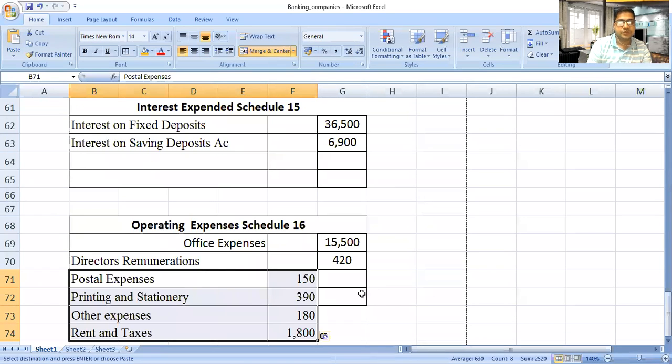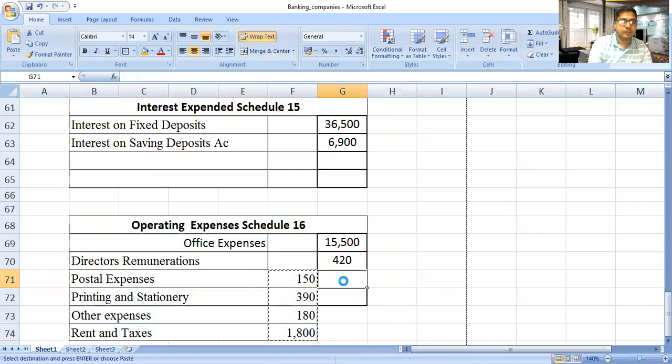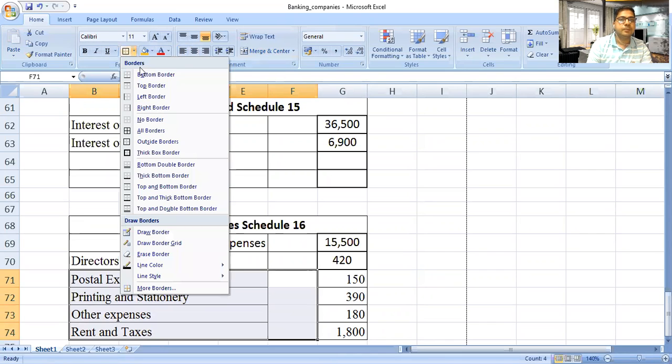These are all amounts we have to keep as operating expenses. So these things you have to keep in mind, where we have to keep the amounts.